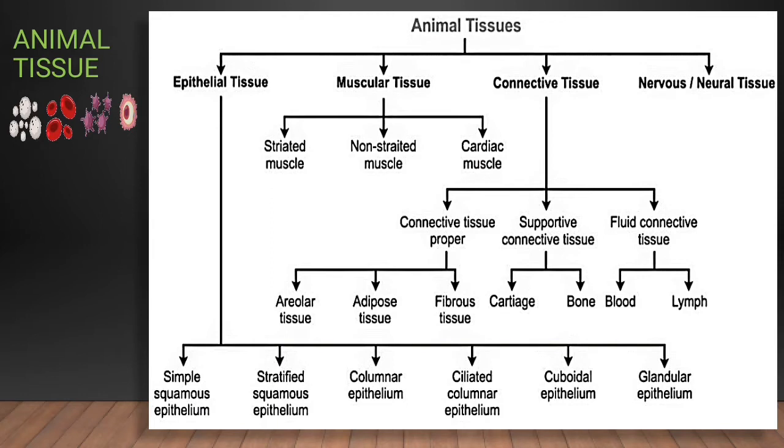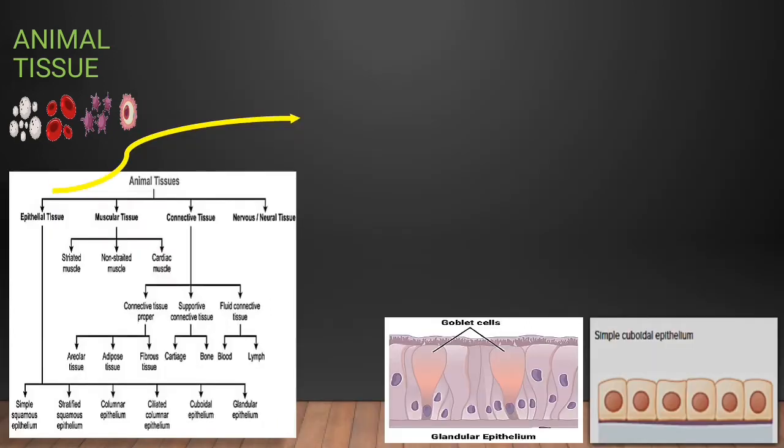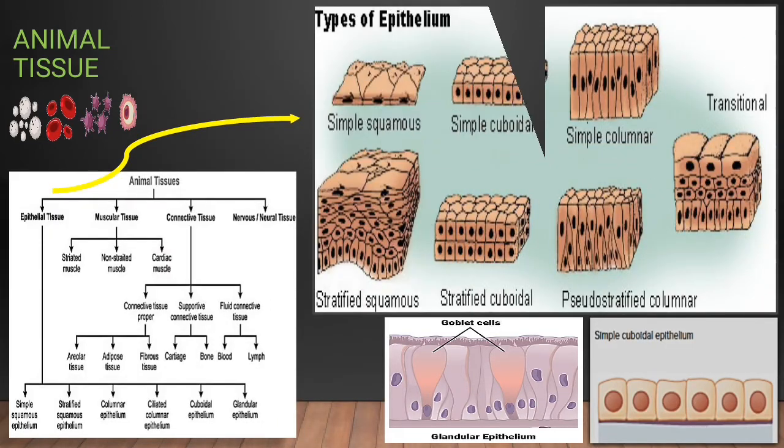We have here a diagram of animal tissues, and there are four different types of tissues. We have epithelial, muscular, connective, and nervous or neural tissue. We have epithelial tissue.